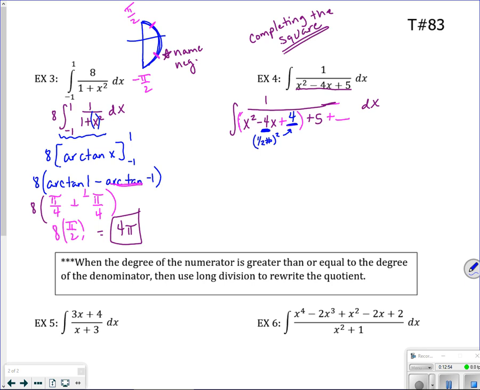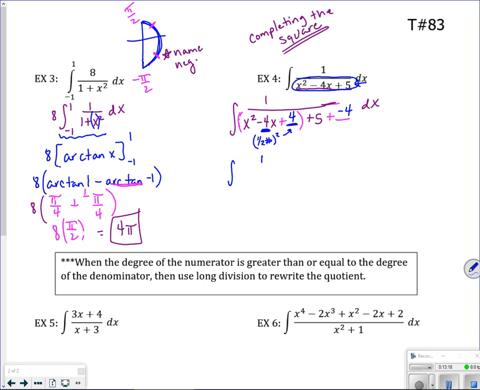Now look, if I reduce this denominator right now, if I clean it up, do you see that I have plus 9? That's not what the denominator is. So when I put plus 4 there, I have to take out 4 there. So look at that denominator. If I reduce that denominator, do I get back down to what my problem is? Yes.